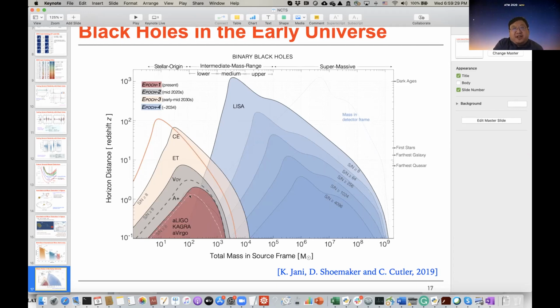And if you look at the Cosmic Explorer and the Einstein Telescope in these plots, you will see that for the 100 solar mass or 1,000 solar mass black holes, or tens of solar mass black holes, they would also reach distances where we really think the first galaxies have formed.